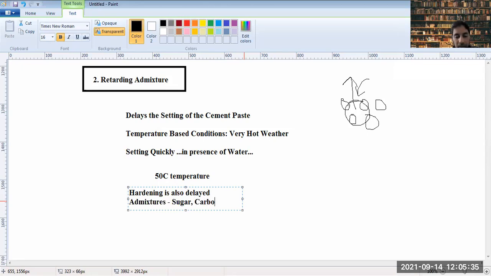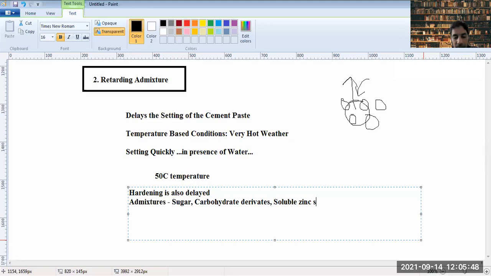There are carbohydrate based admixtures, which are carbohydrate derivatives, naturally occurring materials. Then soluble zinc salts, and methanol is also there. Methanol is not organic, so it's a chemical derivative, an alcoholic product.